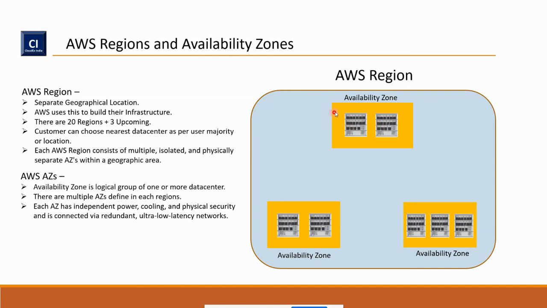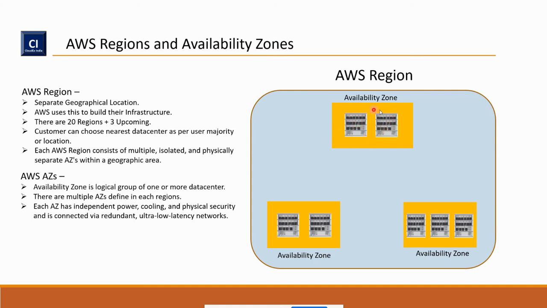Under this availability zone, all the data centers have their own independent power, cooling, physical security, and network connectivity. In case, under availability zone 1A, this data center goes down, it cannot impact the others.